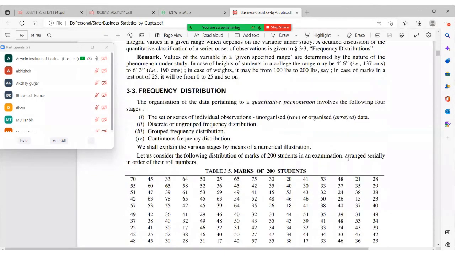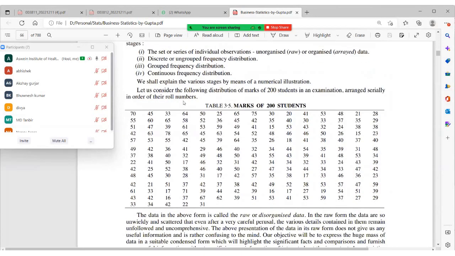Now come to frequency distribution. What is that? Let us consider the following distribution of marks of 200 students in an examination, written serially in the order of their roll number, right? These are the marks of 200 students. For example, roll number 1 got this, 2, 3, 4, 5, and so on.